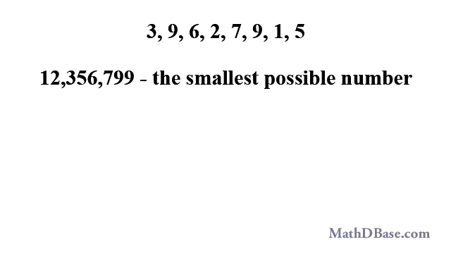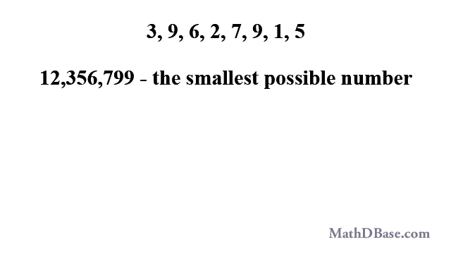Choose 1 as the value of the tens of millions place, 2 in the millions, 3 in the hundred thousands, and so on, until we get to the units place. So the smallest possible number from these 8 digits, if each is used only one time, is 12,356,799.